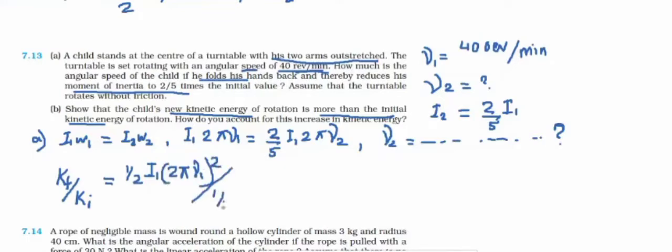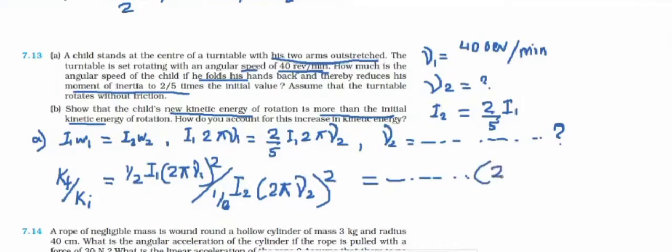So calculate the ratio. If you are getting a value more than 1, it means final kinetic energy is greater than initial kinetic energy. You will get the value nearly 2.5. It means final kinetic energy is greater than initial kinetic energy. That is our conclusion.